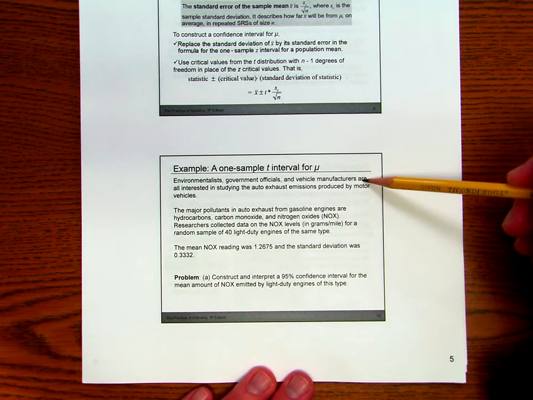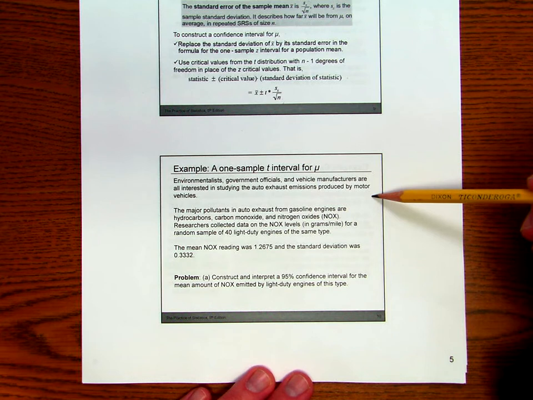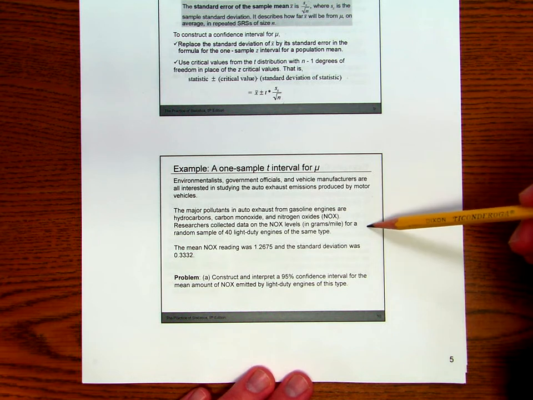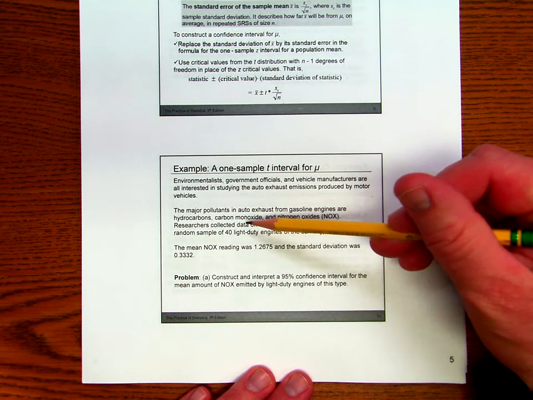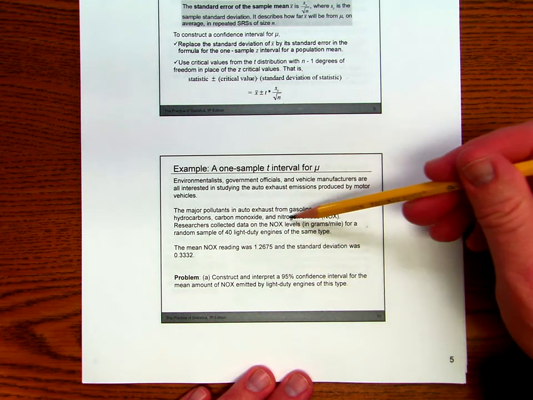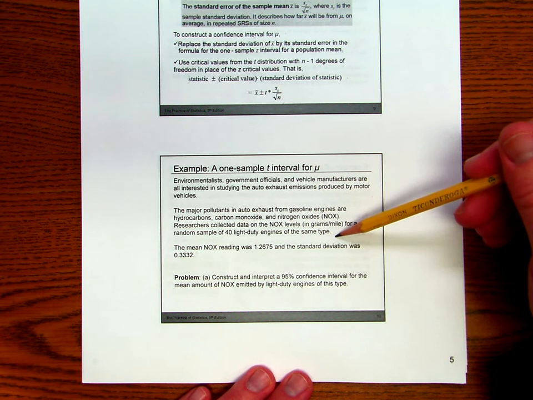So for our first example, environmentalists, government officials, and vehicle manufacturers are all interested in studying the exhaust emissions produced by motor vehicles. The major pollutants in auto exhaust from gasoline engines are hydrocarbons, carbon monoxide, and nitrogen oxides. The researchers collected data on NOx, or nitrogen oxide levels, in grams per mile, for a sample of 40 light-duty engines of the same type.